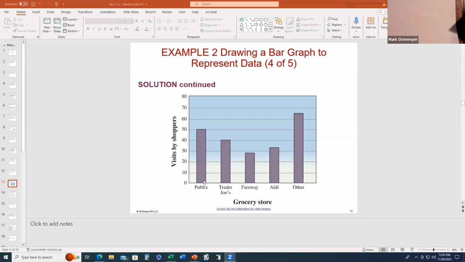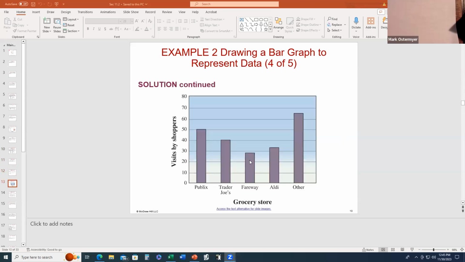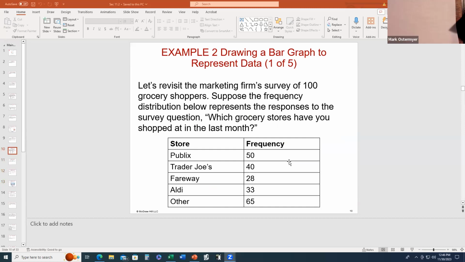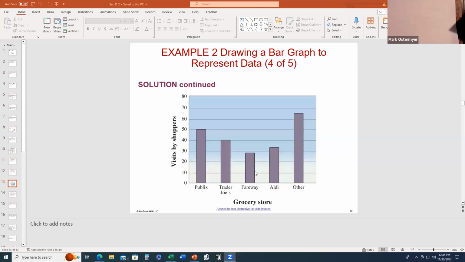All right, so Publix, how many people visited the Publix store? Well, that would be 50 of the 100 people surveyed. So this bar goes as high as 50, okay? And Fairway was the least visited store by these respondents. Only 28 people said that they visited Fairway.